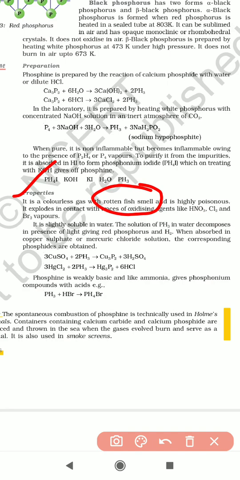Phosphine, PH3, has a rotten fish smell and is highly poisonous. It reacts explosively with nitric acid, HNO3, chlorine gas, Cl2, and bromine.